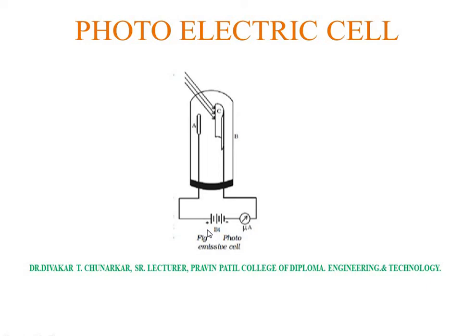The cathode is connected to the negative terminal of the battery and the anode A is connected to the positive terminal of the battery. Anode and cathode are both connected to this circuit.